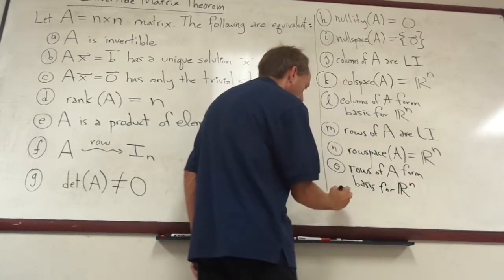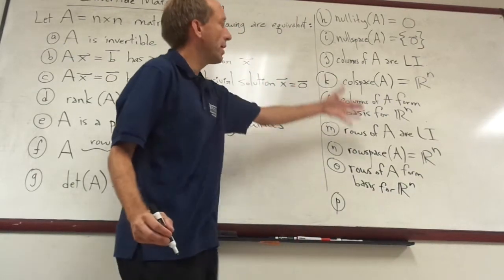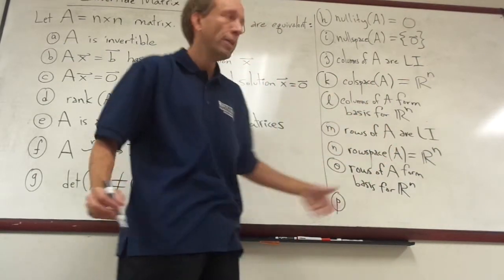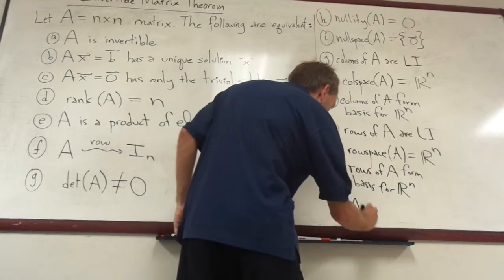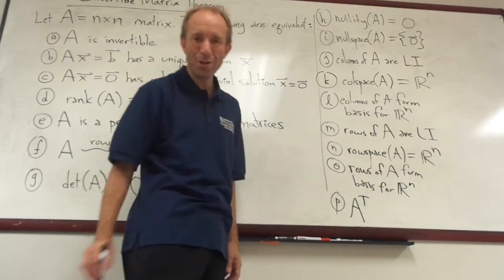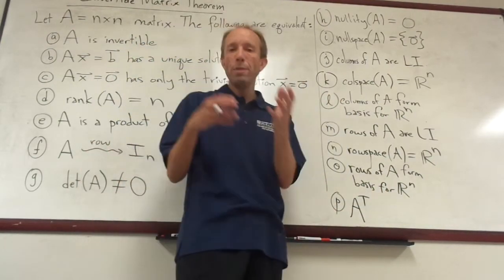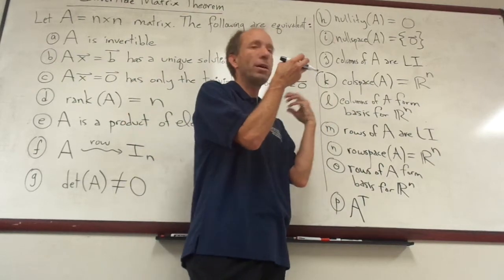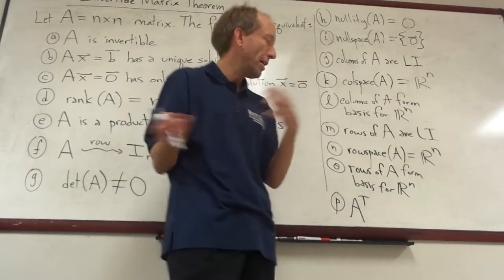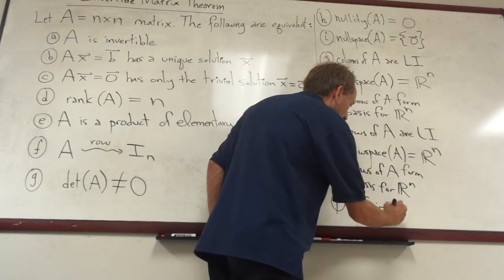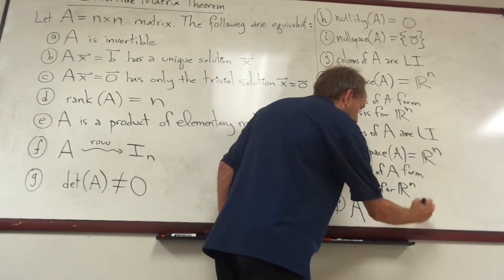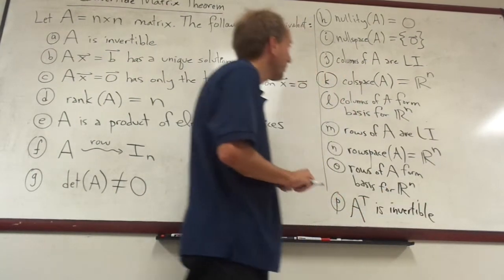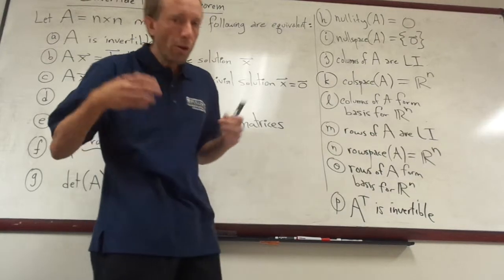And then finally, because it doesn't matter whether you talk about rows or columns, if A is invertible and you switch the rows with the columns and look at A transpose, what was true about the rows of A becomes true about the columns of A transpose, and vice versa. So A transpose would also have to be an invertible matrix. There's no homework on this.